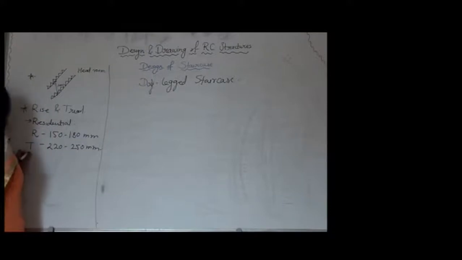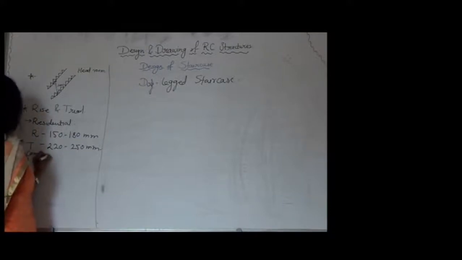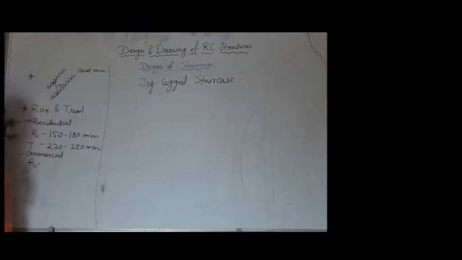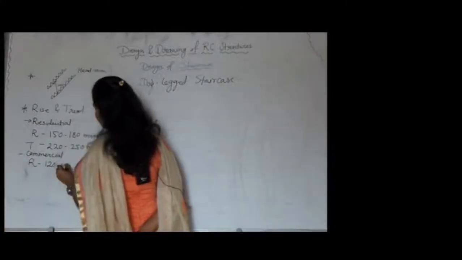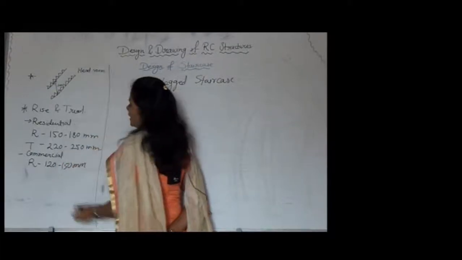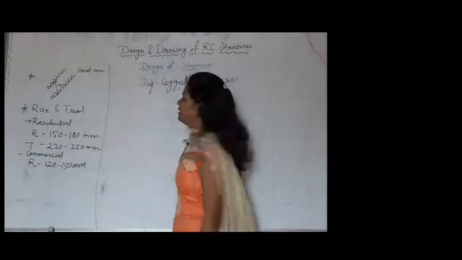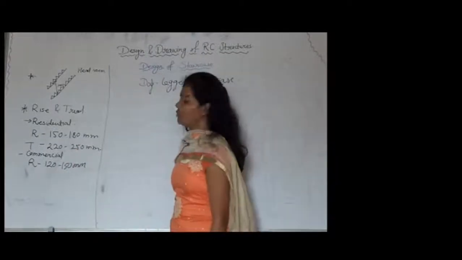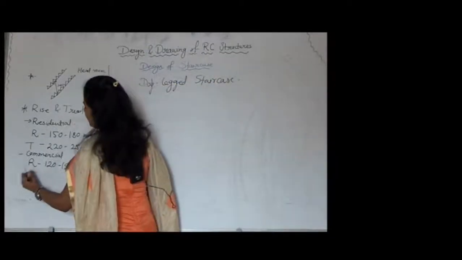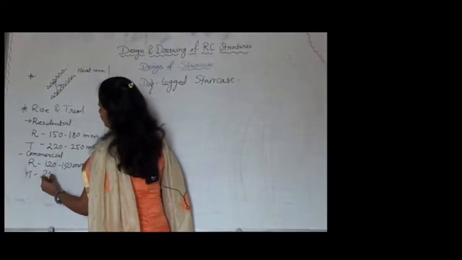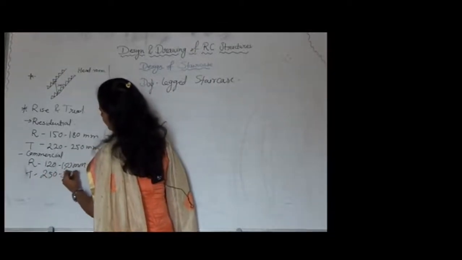Similarly, in case of a commercial building, compared to residential, the riser should be less than this, around 120 to 150 mm, whereas the tread portion should be more than that of residential, ranging between 250 to 300 mm.